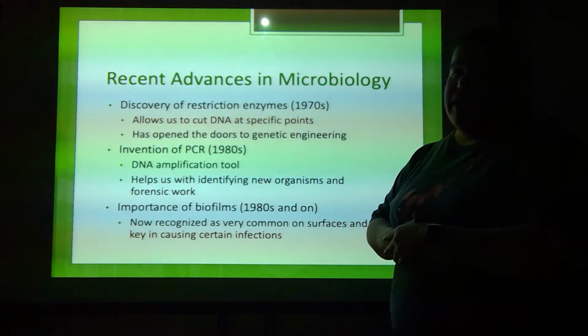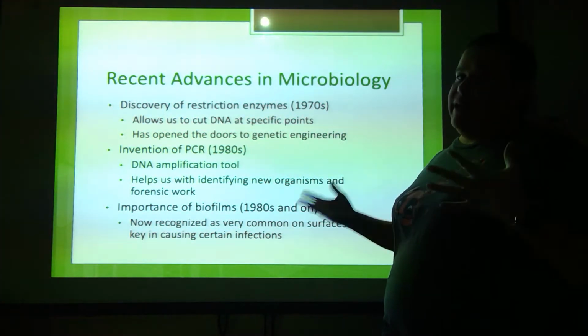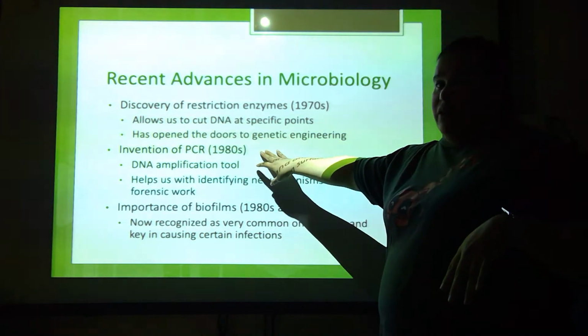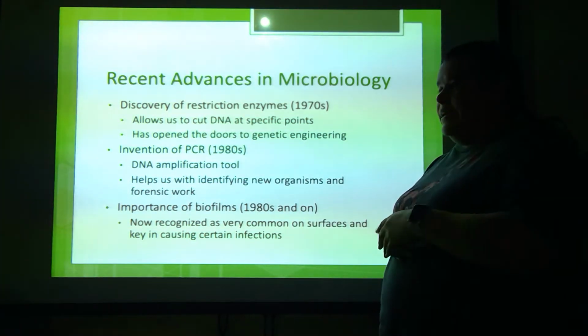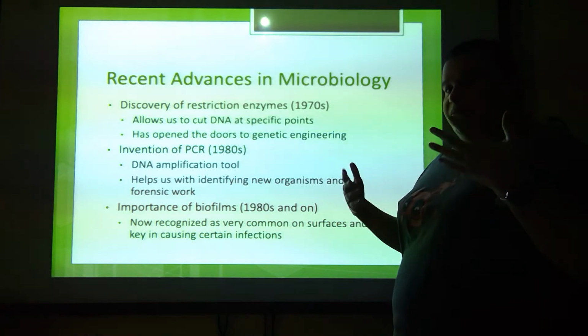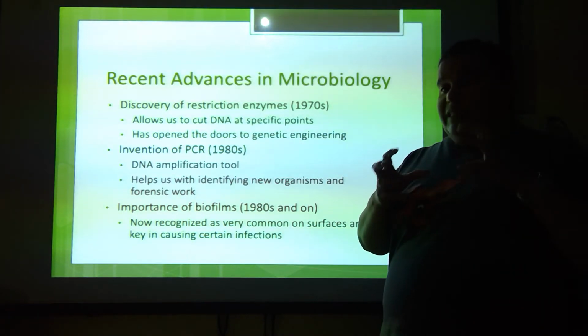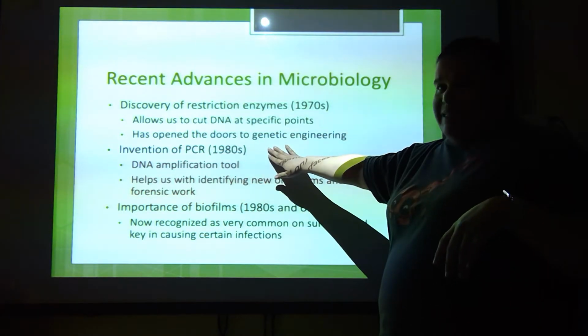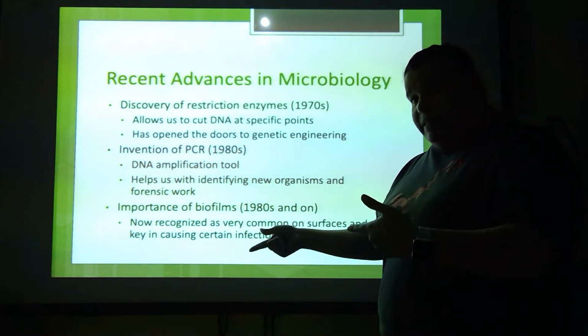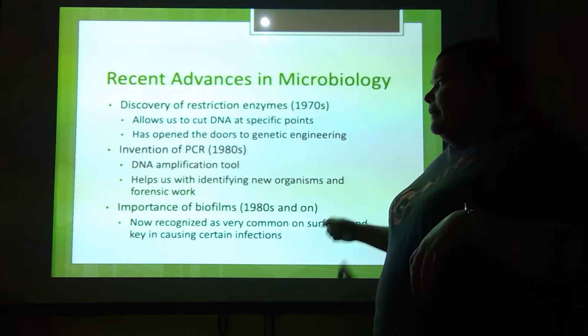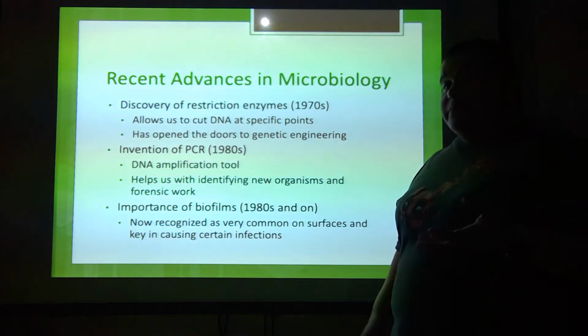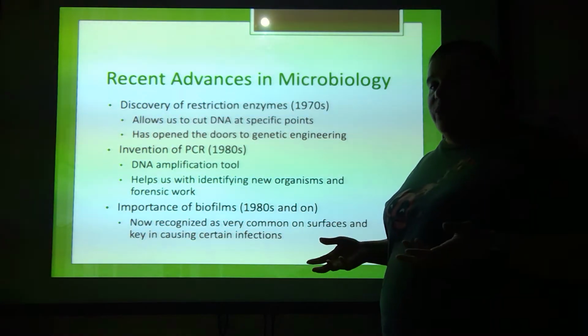Now, the invention of polymerase chain reaction, PCR. This happened in the 80s. It is a DNA amplification tool. If I have DNA, I can use PCR to make multiple copies of that strand of DNA. It helps us to identify new organisms. It also helps in forensic work.